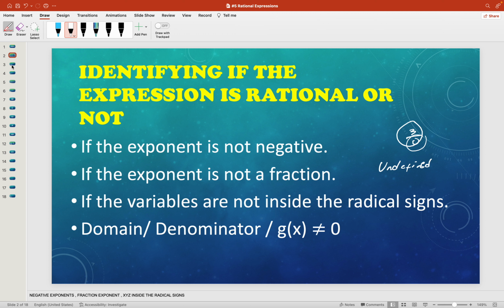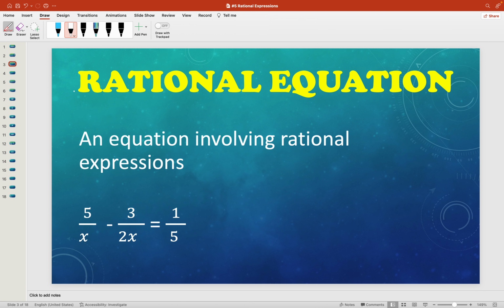Okay, so let us first identify the different classifications of rational expressions. First we have the rational equation, an equation involving rational expressions. The reason it is called a rational equation is because of the equality symbol in here.